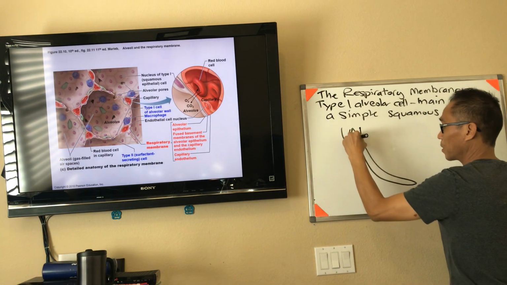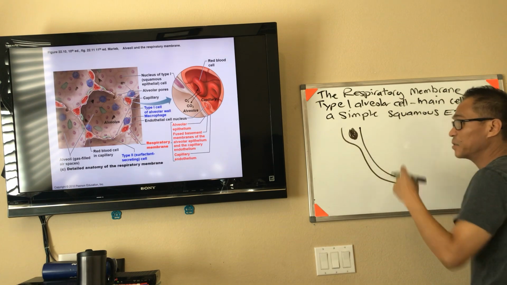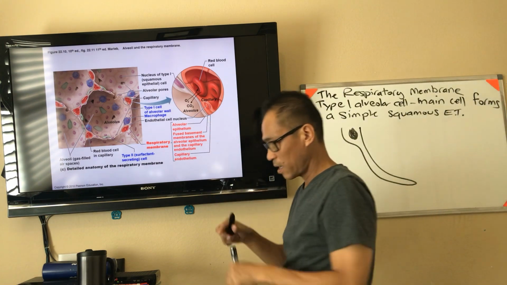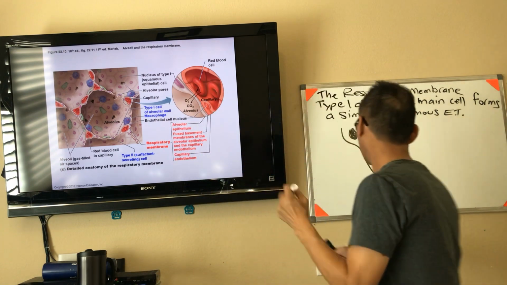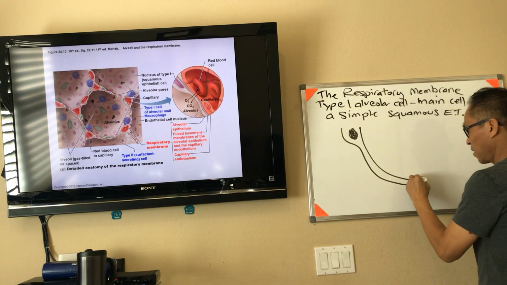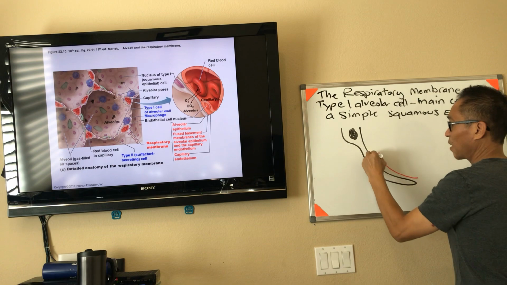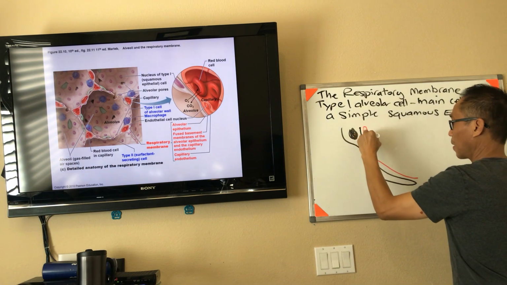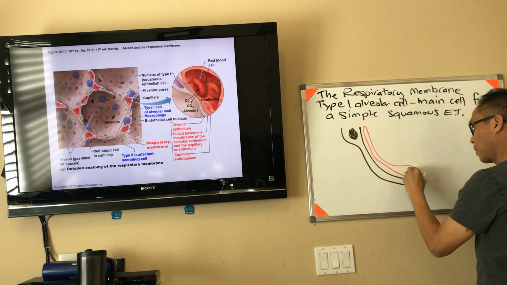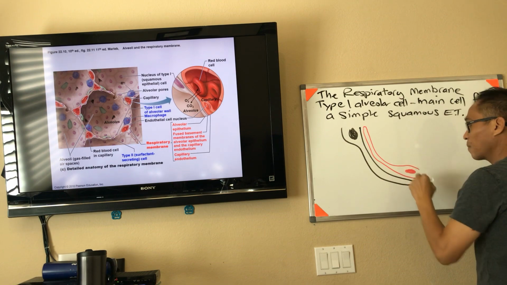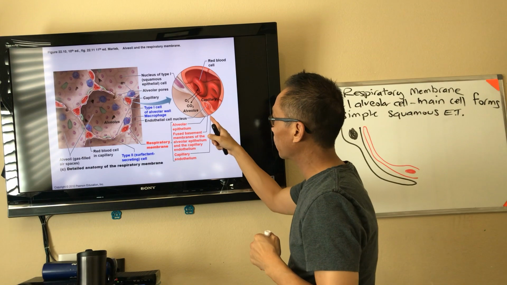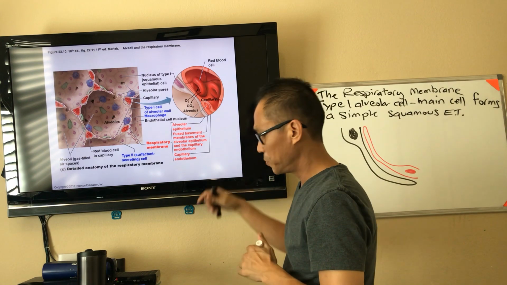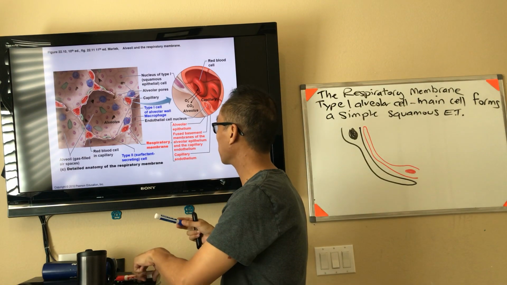There's the nucleus. It's kind of connected to the endothelial cell of a pulmonary capillary. I'll use red. And they're connected by this fused basement membrane right there. Fused connective tissue.